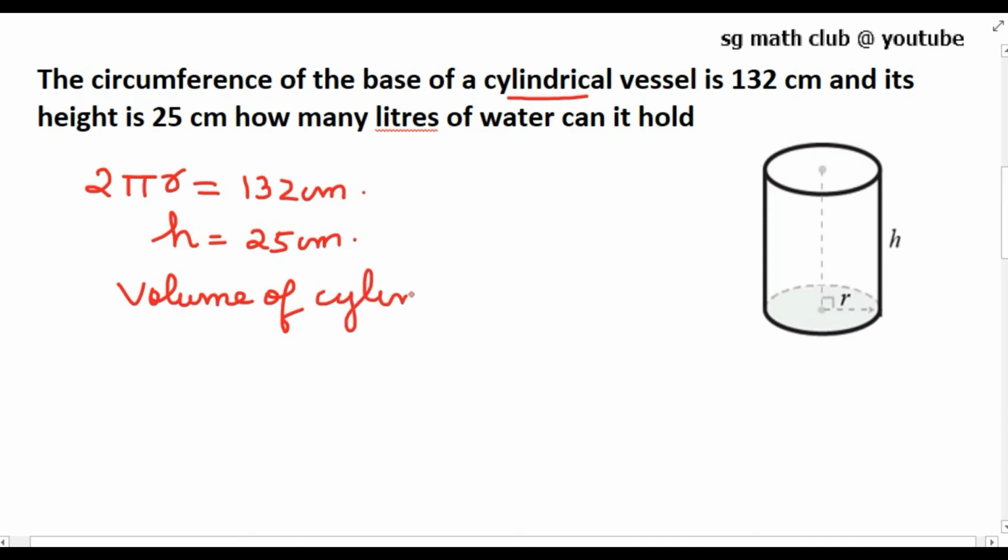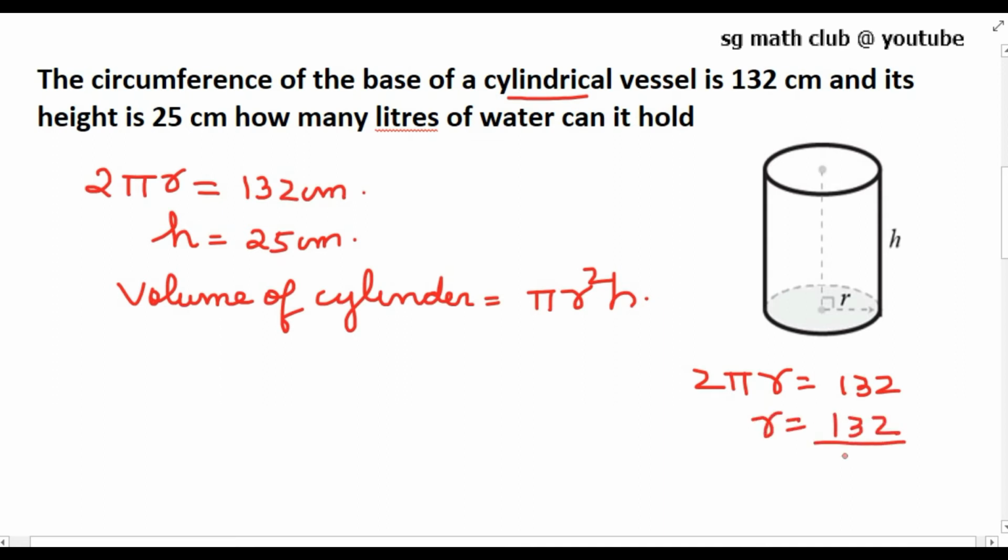So volume of cylinder is equal to pi r square h. Instead of r we have 2 pi r, so first we need to find r. We have 2 pi r is equal to 132. r will be 132 divided by 2 pi.